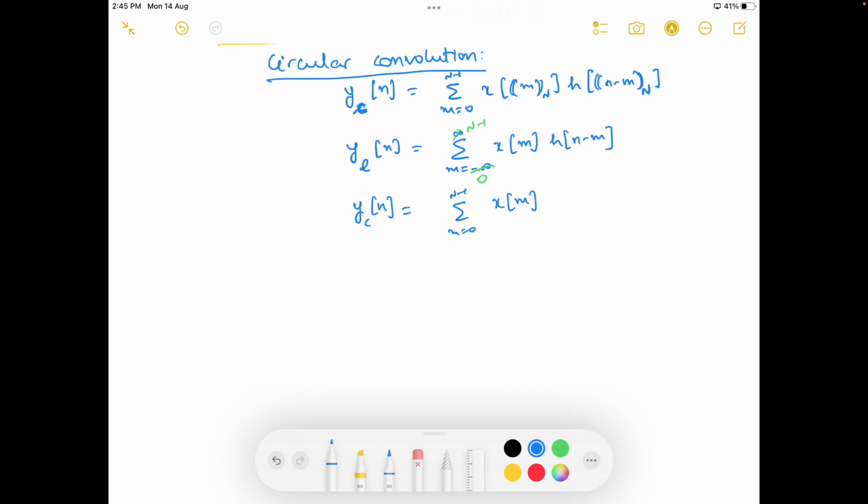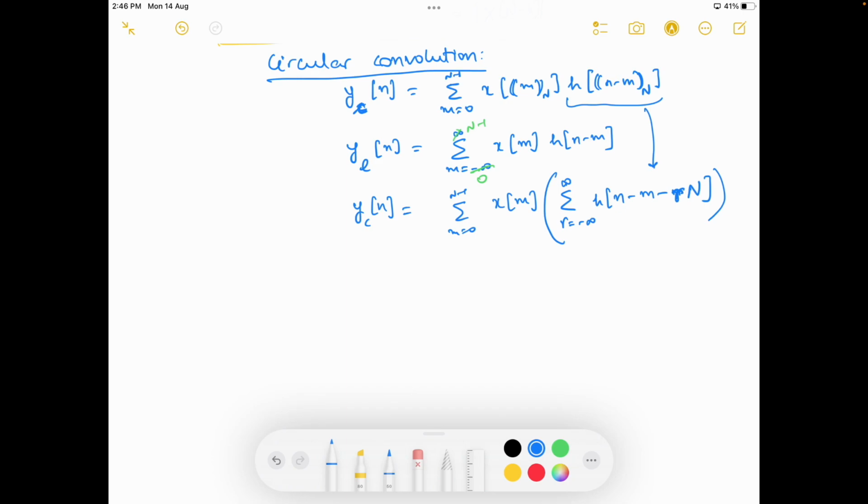So this will become summation h of n minus m minus some integer multiple of capital N. Can I write it like this?